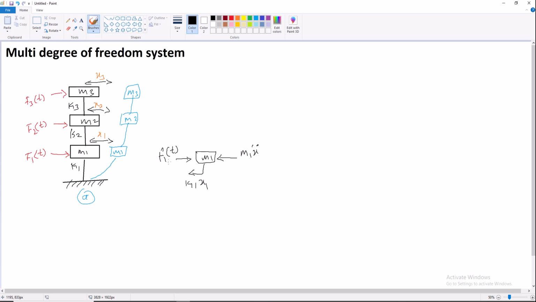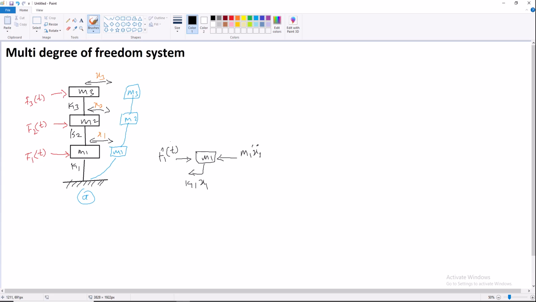That means when the force is acting on a particular lumped mass, the opposite forces, the resisting forces acting through the mass, are K1 x1 and m1 x1 double dot.